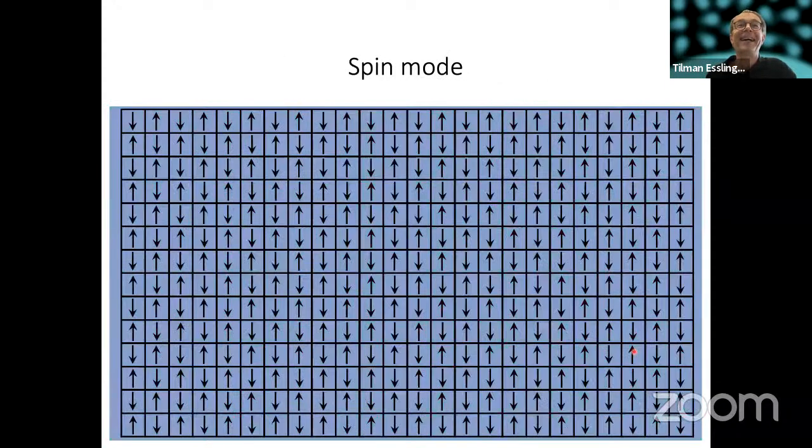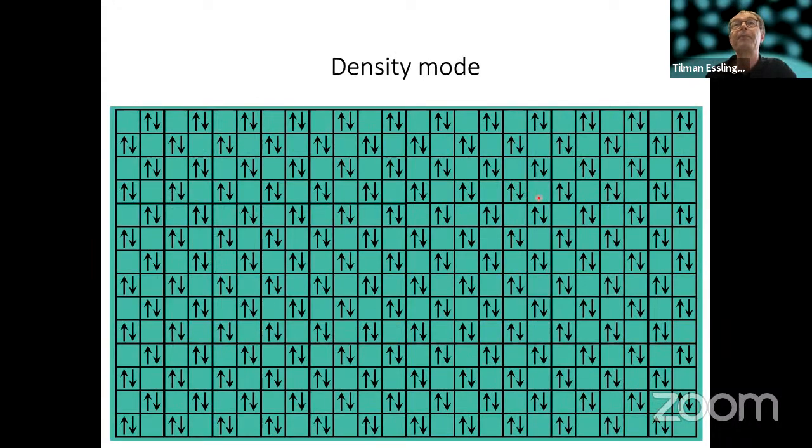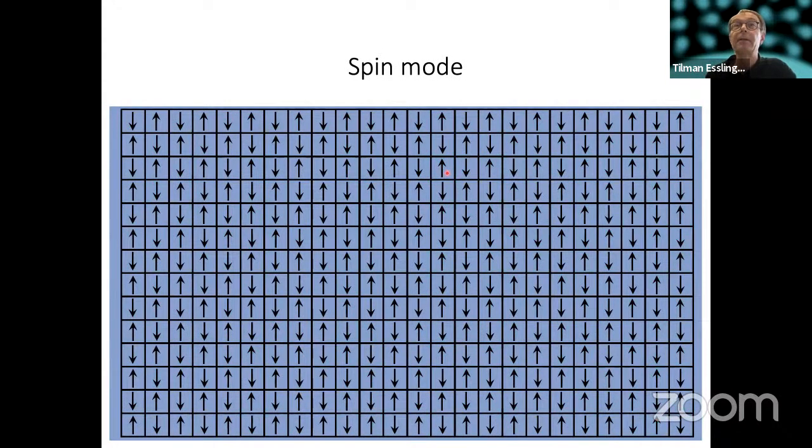Light in the vertical direction is a pump light, and it will be backscattered into the cavity. Because there is higher density, there is a modulation in the refractive index, and this distance here is lambda, so you get constructive interference.